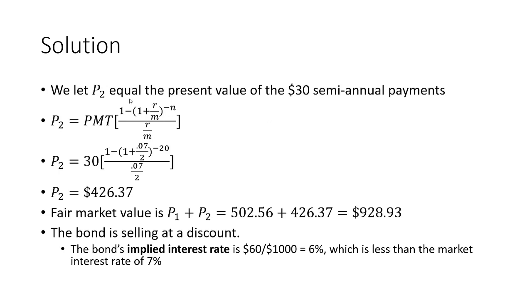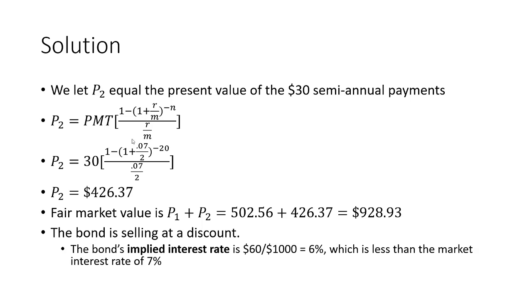For the second part, we're going to let P sub 2, present value part 2, equal the present value of those $30 semi-annual payments. And so here we have our full formula to find present value of an annuity. And so we plug our numbers in. We have $30, that's the payment each time. We call this the periodic payment.